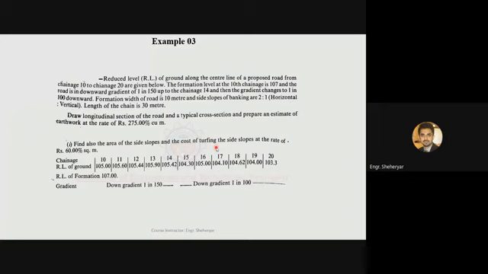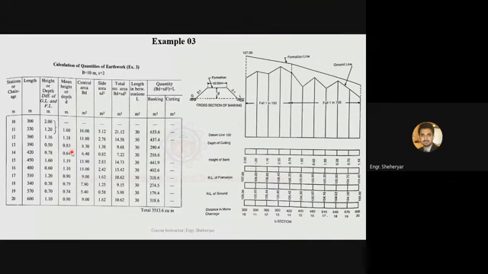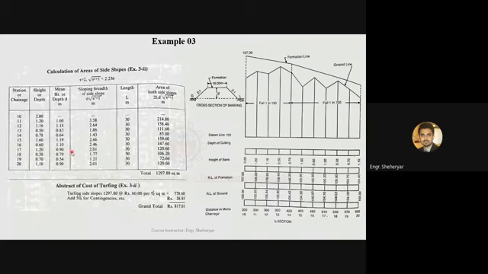of the side slopes, and the turfing rate is given to you as 60 rupees per 100 square meter. So how will you calculate this area of the side slopes? In the same manner, but you have to organize the data in a proper table. So let's say these are the chainage points 10, 11, 12, 13, 14 and so on till 20.